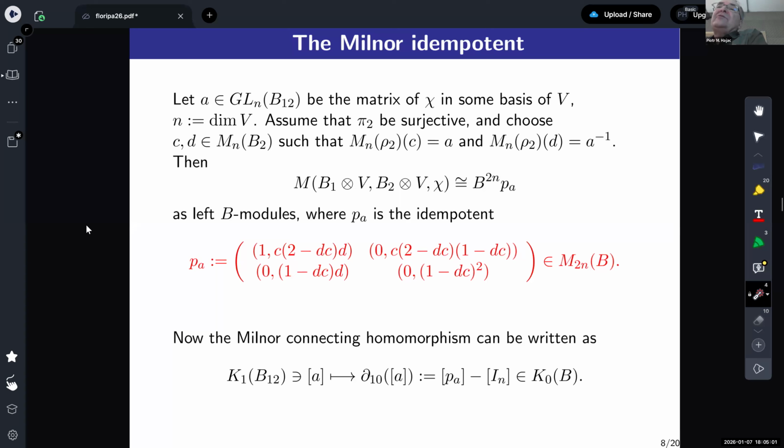And then C times 1 times D is now A times A inverse, which is again 1. 1 equals 1. And then 1 minus dc will be 0. So you can see that it is indeed in the pullback. These are compatible pairs. Okay, thank you. You're welcome.